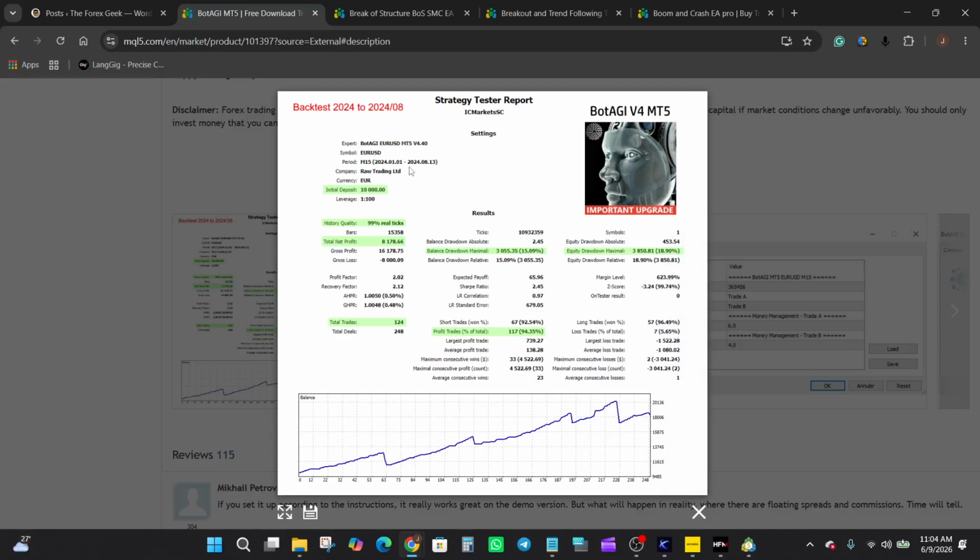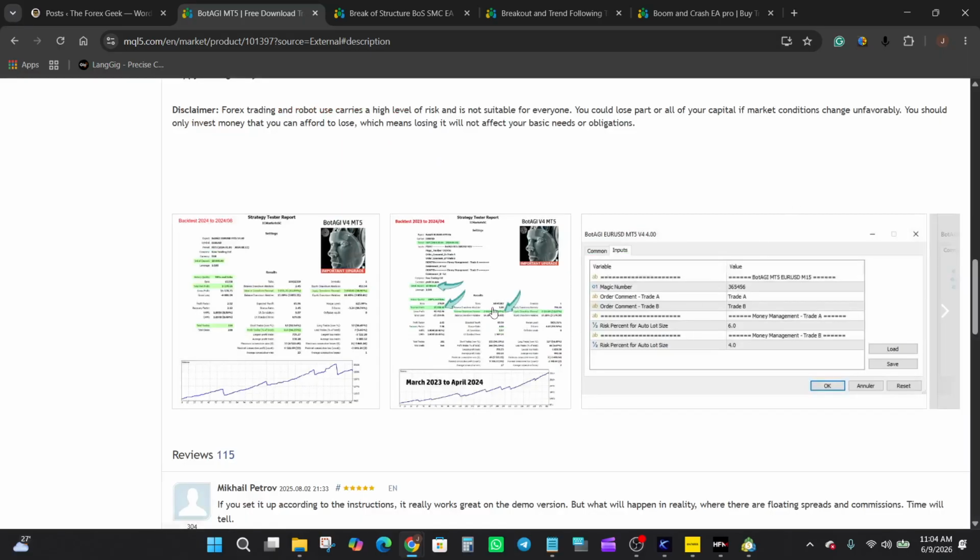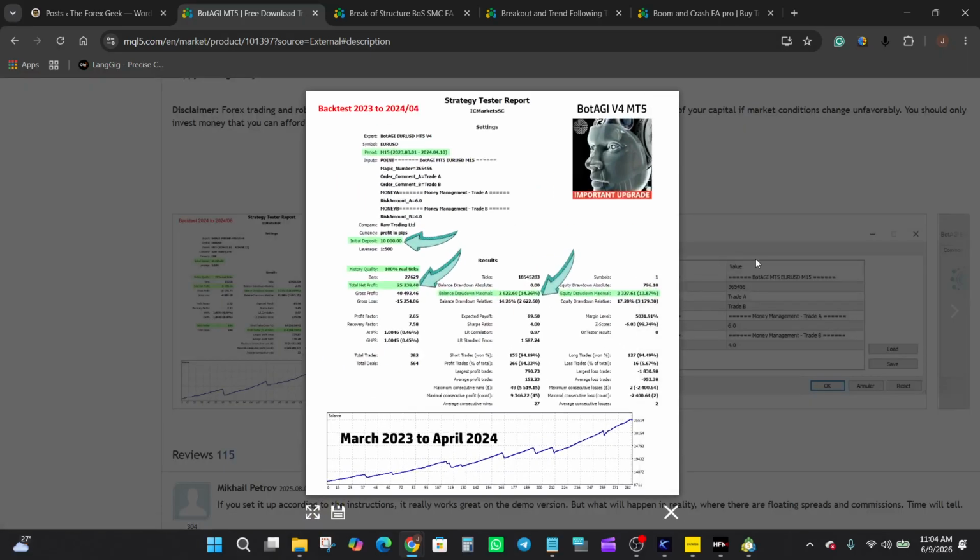This shows a backtest period of about 8 months, because this is 1st January 2024 to 13th August 2024. And this is another backtesting result from March 2023 to April 2024, showing over 250% net profit.